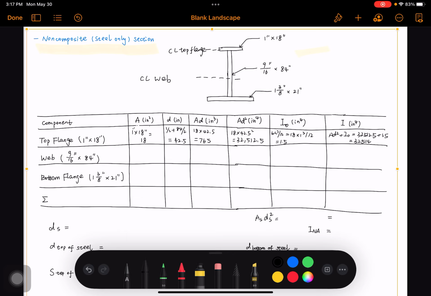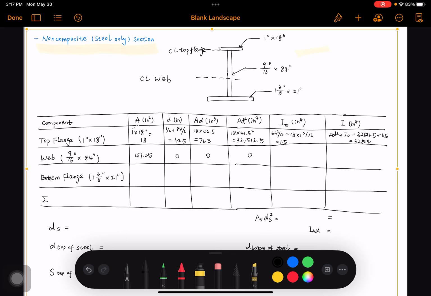Now coming to the web. The area of the web is 9/16 of an inch times 84 inches, which gives 47.25 square inches. And because we're calculating about the center line of the web, D is really 0 here. Therefore, AD is 0 and AD squared is 0.